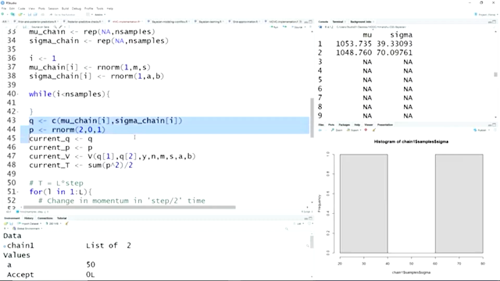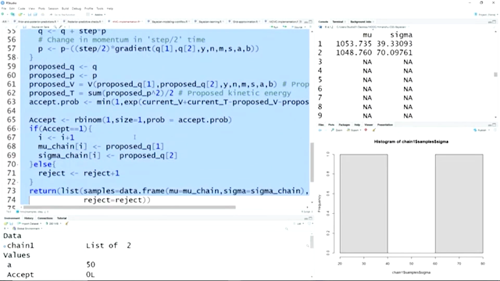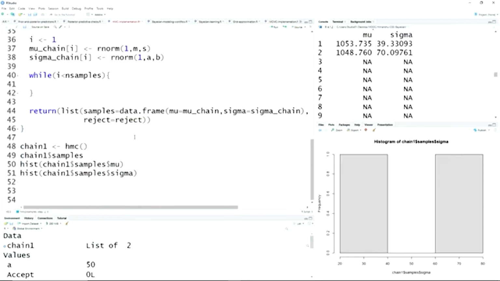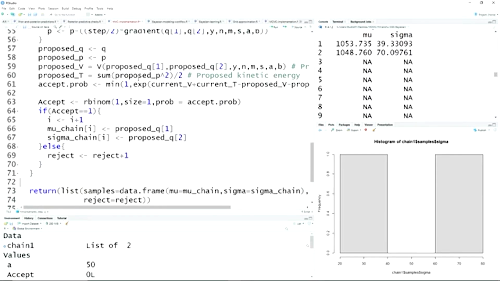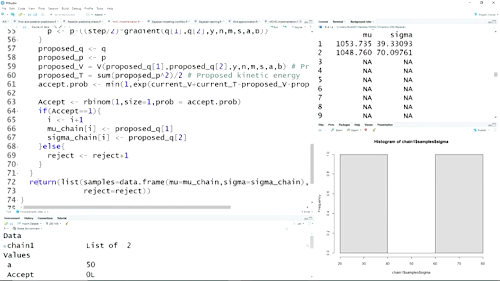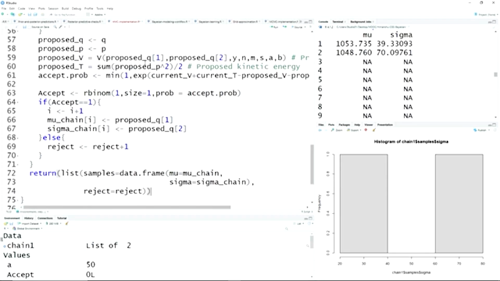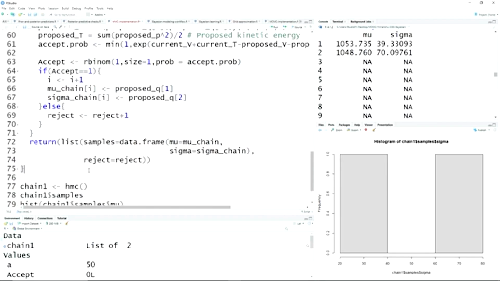All these things should be inside this loop. Now this is good. Now I think this should work.